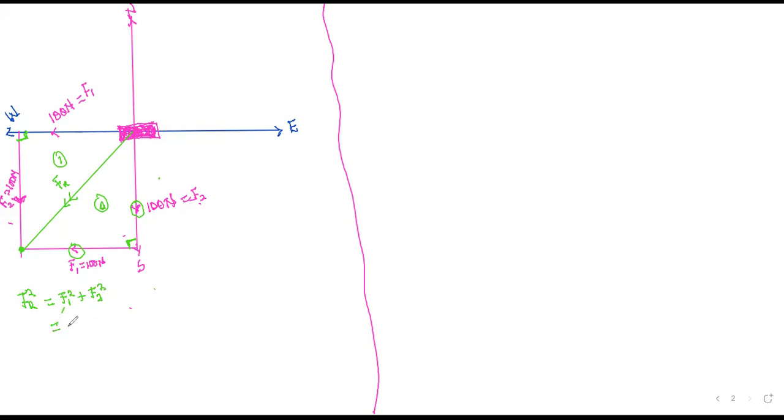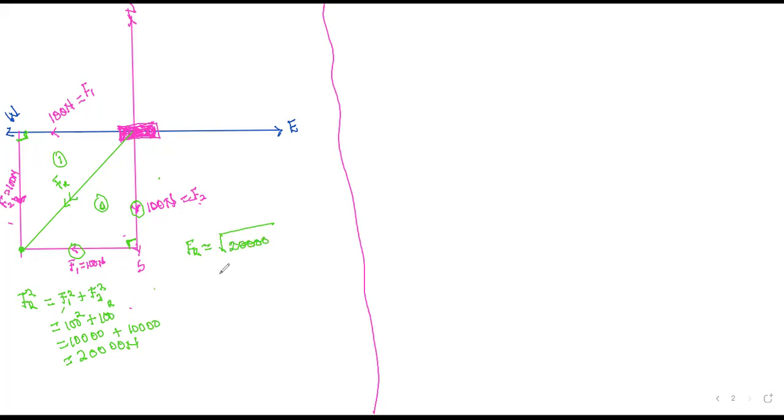So we have 100 squared plus another 100 squared. This is giving us 10,000 plus another 10,000. In all, we have 20,000, so that FR is the square root of 20,000.